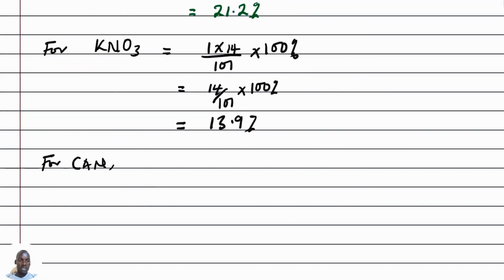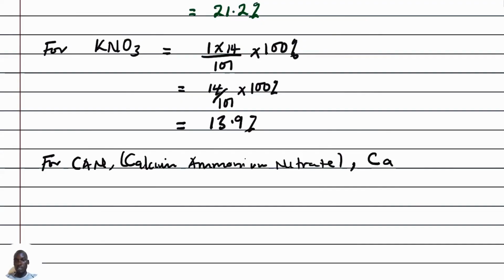The CAN, I said, is the same as calcium ammonium nitrate, and its formula is the calcium, then the ammonium nitrate, but we have a 2 there. So now this is going to be equal to, we can see inside the brackets we have 2 atoms of nitrogen, but multiplied by 2 to make them 4.